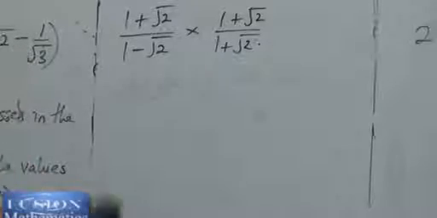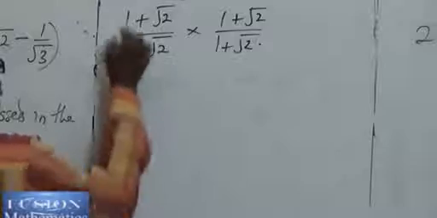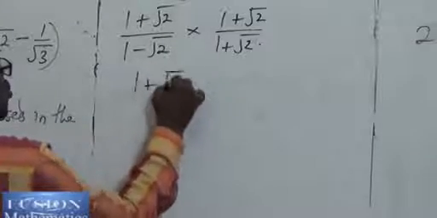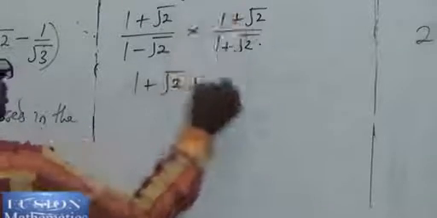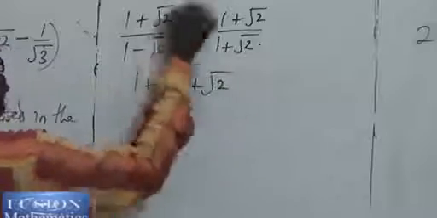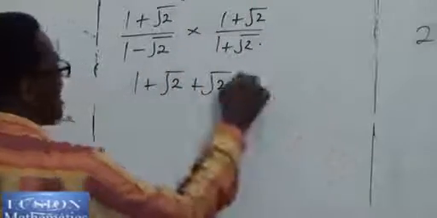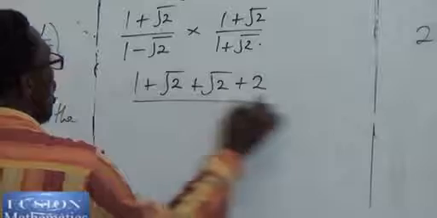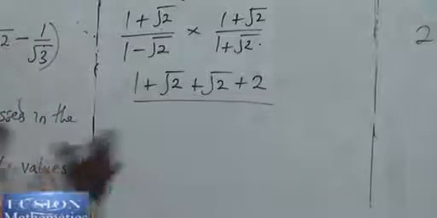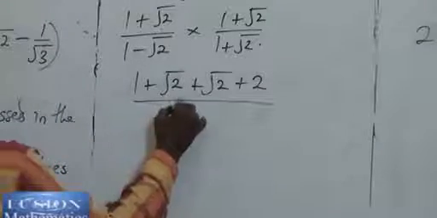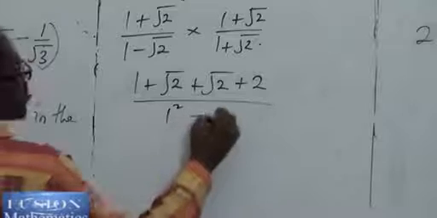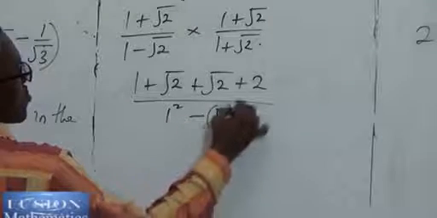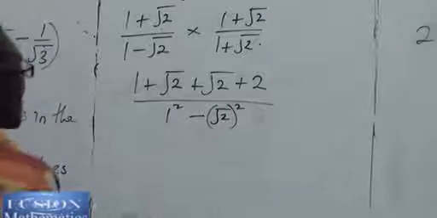So we multiply. We have 1 times 1, 1 times root 2, plus root 2 times 1, we have root 2. Root 2 times root 2, we have root 4, which is 2. All over, the denominator is a difference of two squares. So we have 1 raised to the power 2 minus root 2 raised to the power 2. So we add the like terms.